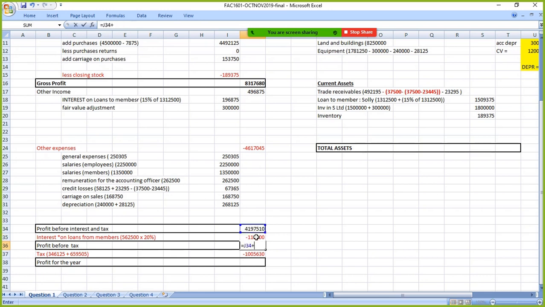This minus that, this minus that. There's your profit for the year. Okay, that was it.